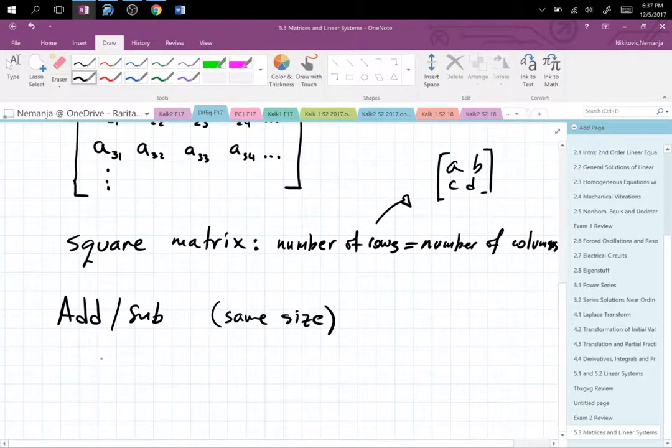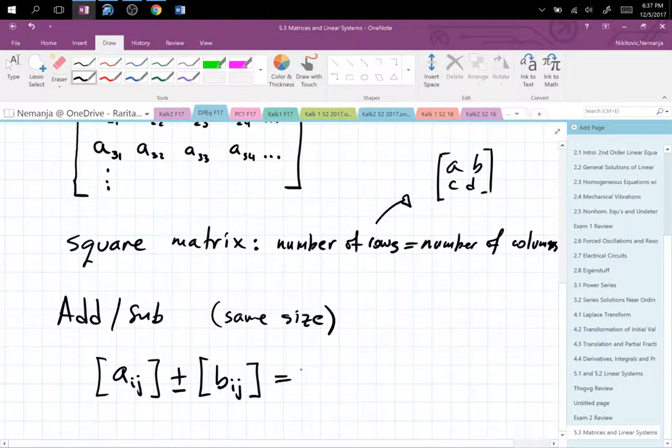So you have matrix A with entries a_ij, where i stands for row, j stands for column, plus matrix B, or minus matrix B with the corresponding i and j's, which will give you the sum or the difference, a_ij plus or minus b_ij. So they have to have the same row and the same column.